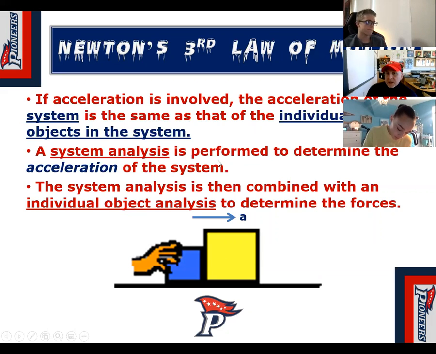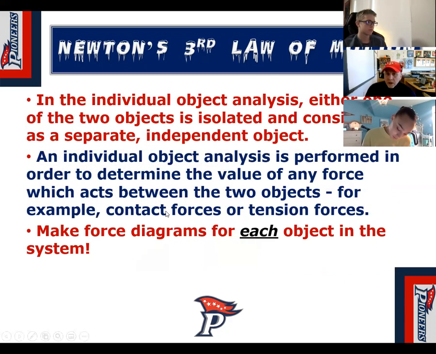So the system analysis is performed to determine the acceleration, and then we do individual object analysis to find the forces. Each box is considered its own object, and each box needs a force diagram. There could be more than two, but generally we're going to keep ours at two.